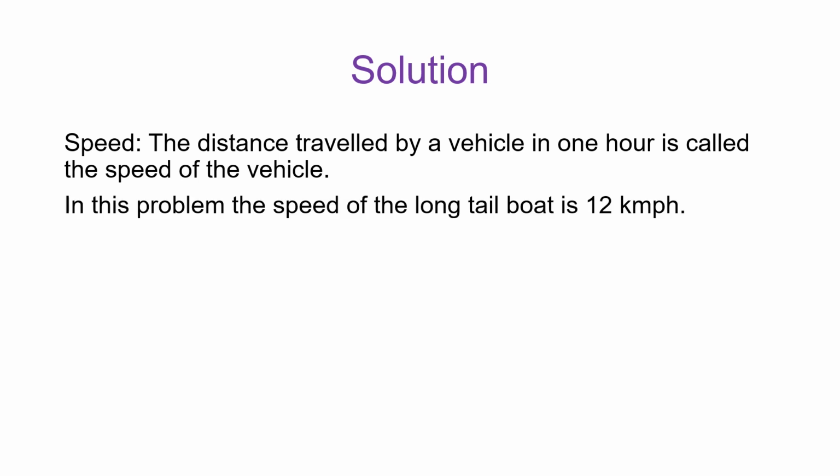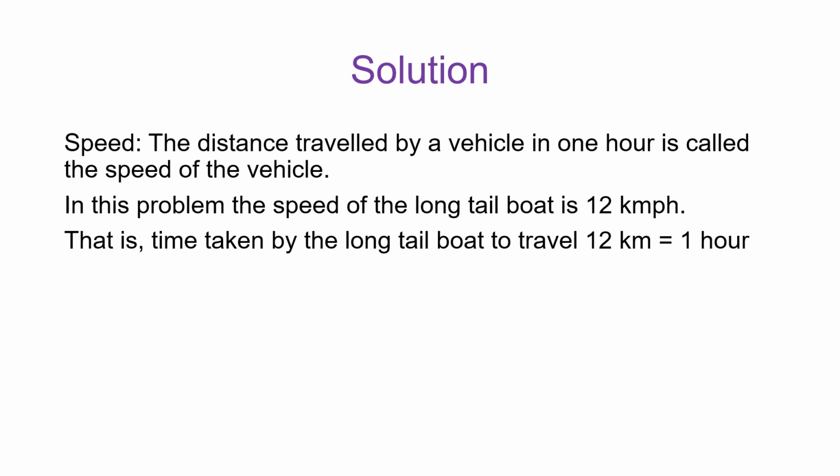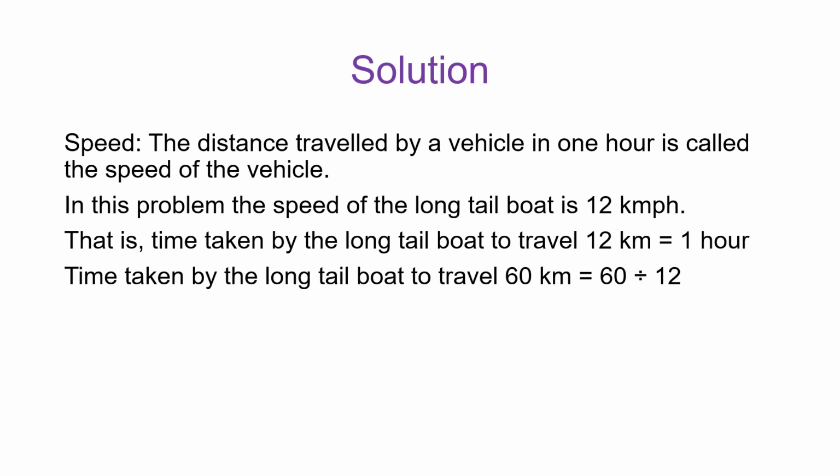In this problem, the speed of the long tail boat is 12 kilometers per hour. That is, time taken by the long tail boat to travel 12 kilometers equals 1 hour. Time taken to travel 60 kilometers is 60 divided by 12.